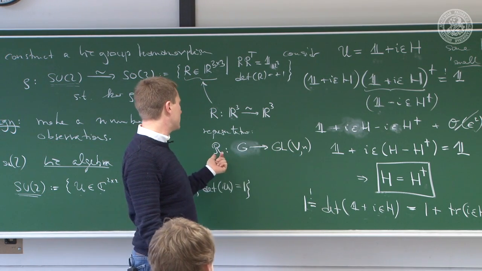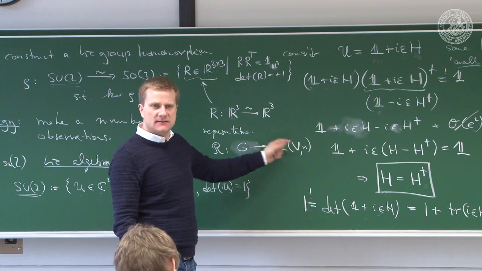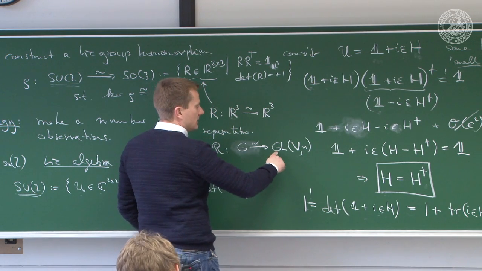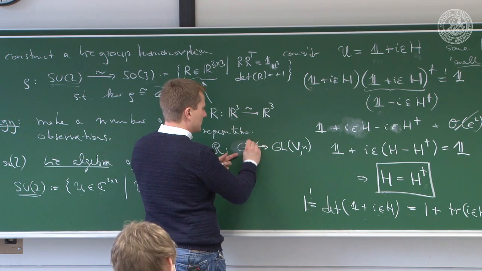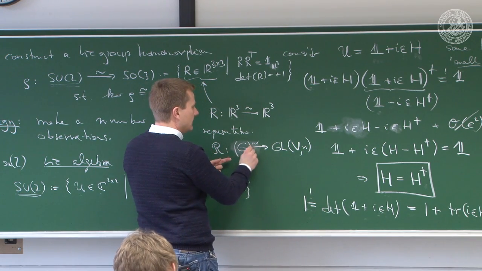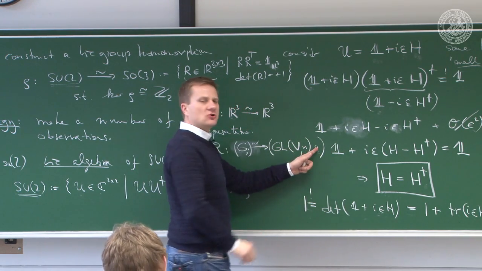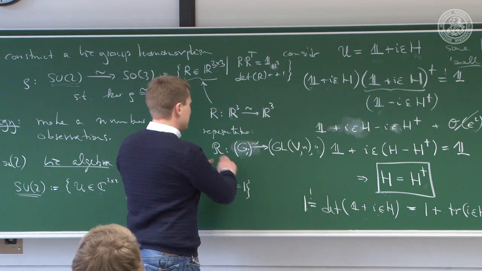You need this because otherwise you need to send the identity to the identity, and that must be respected, because you want this to be a Lie group homomorphism. If this is a group with some operation, blob, okay, then this GL is also a group, because you can always use the composition of linear maps. You make this into a group, okay, and this goes here.